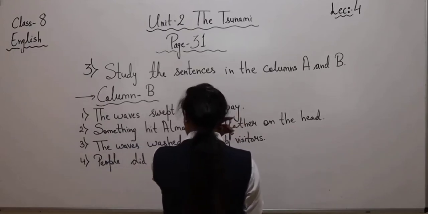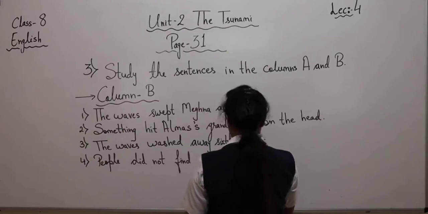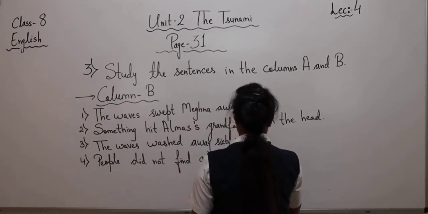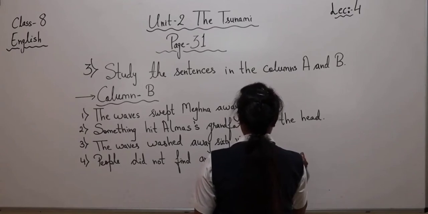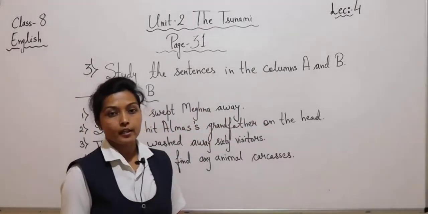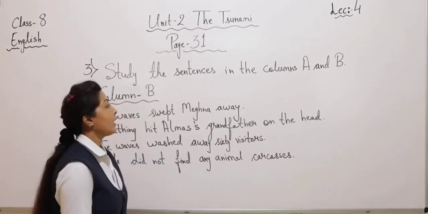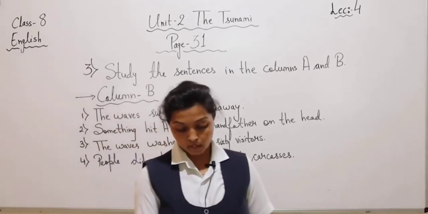People did not find any animal carcasses. Okay. So now, in the next page, an explanation of both columns is given.